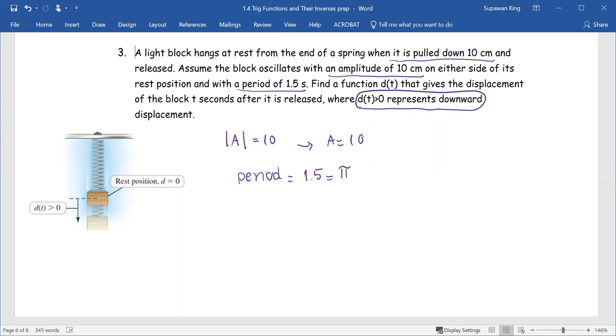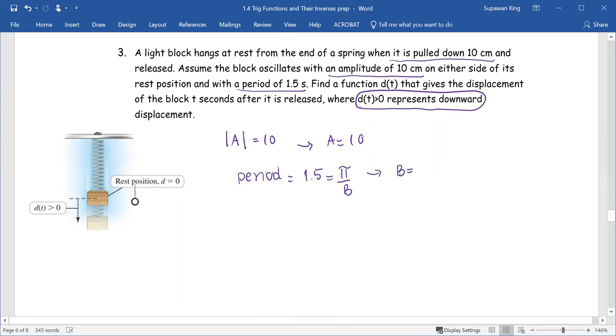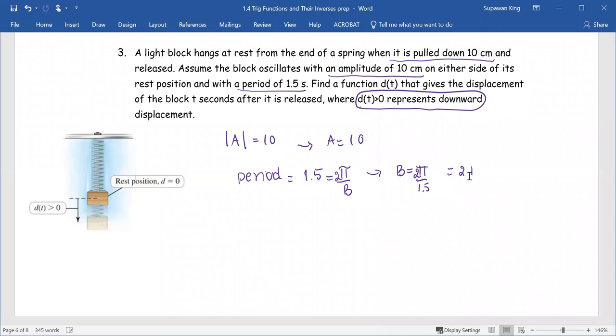The period is 2 pi over B, sorry. That gives us B equals 2 pi divided by 1.5, so B is 4 pi over 3.